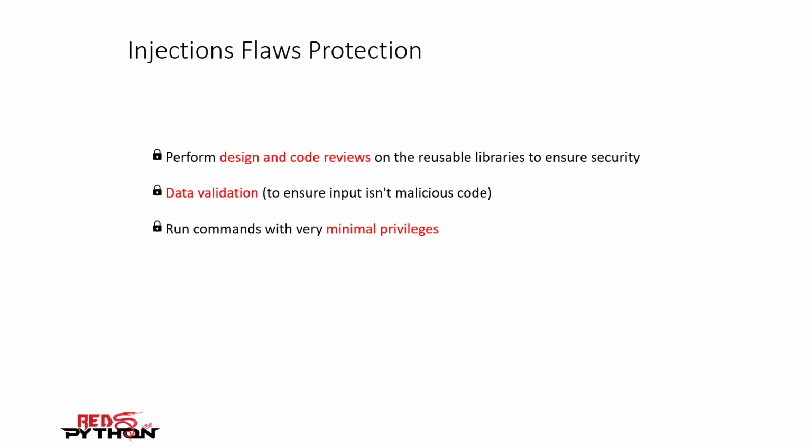So how to protect against that? SQL injection is still the number one vulnerability out there on the web. It is important to design and review your code. Don't accept input that might compromise your application, and run your application with minimal privileges.